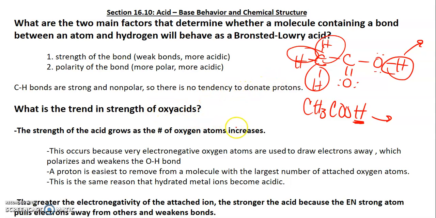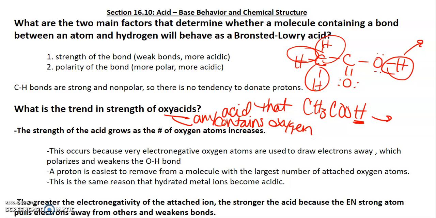The next section is looking at the strength of oxyacids. An oxyacid is just any acid that contains oxygen. The trend is that as the number of oxygens increases, the acid strength is going to increase.